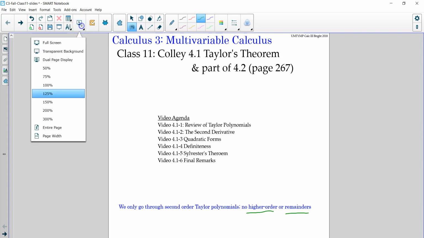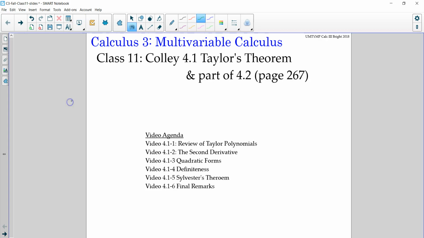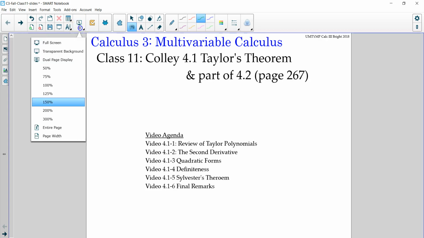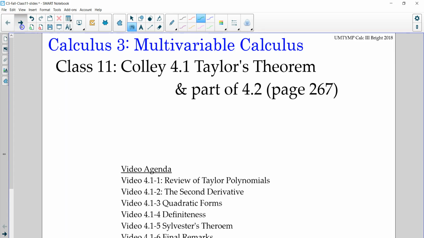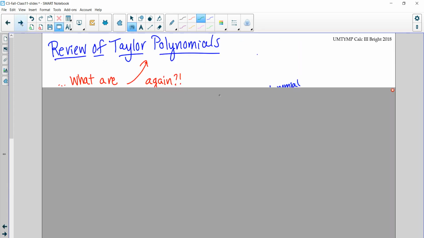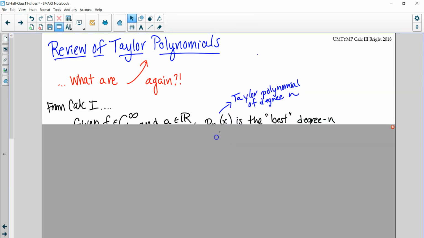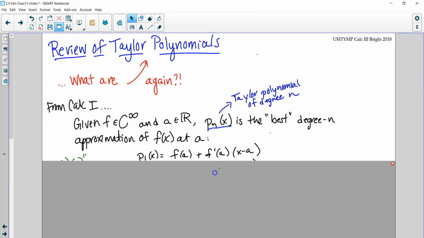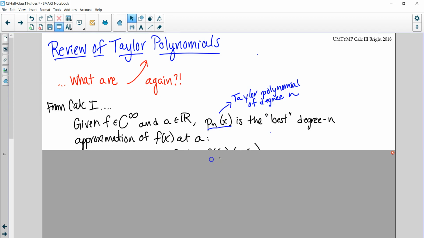Okay, so I said Taylor polynomials, and you're probably thinking to yourself, what are those things? We might need to flip back to Calc 1, where we have a function whose derivatives are all continuous.